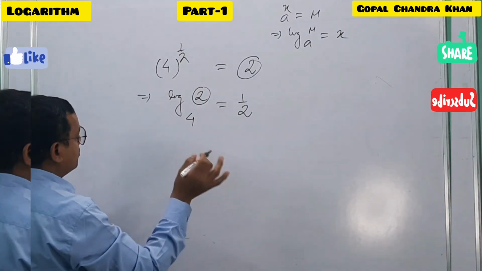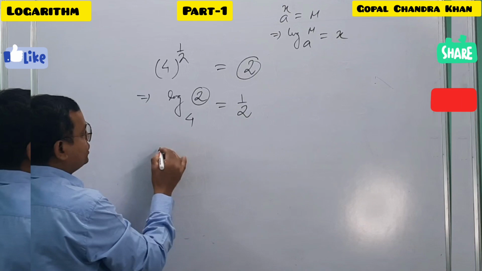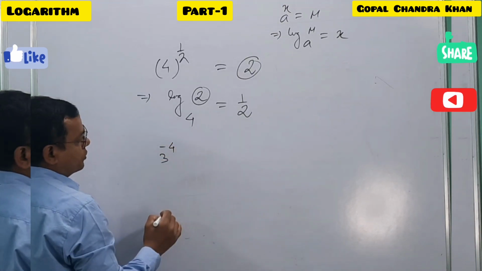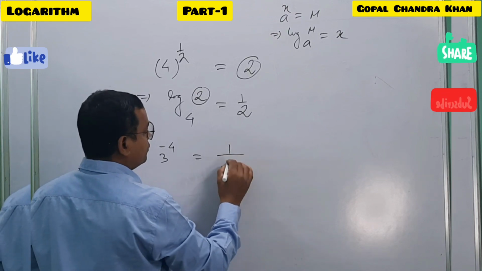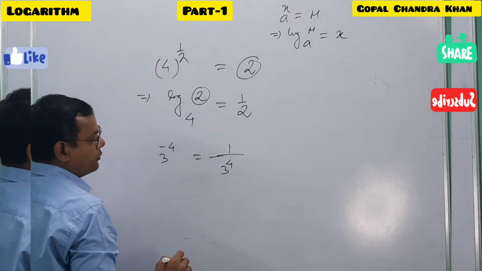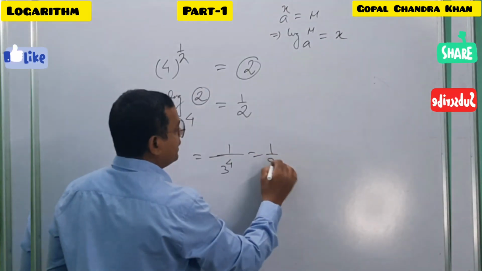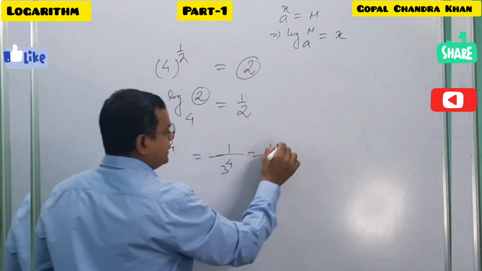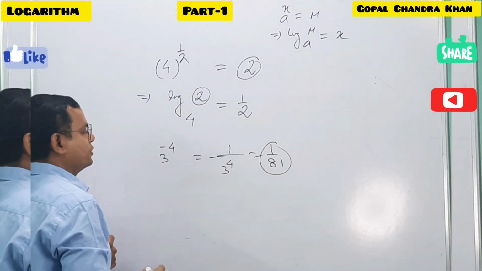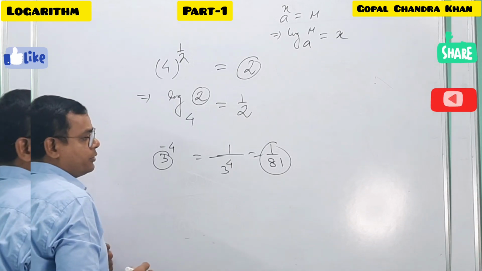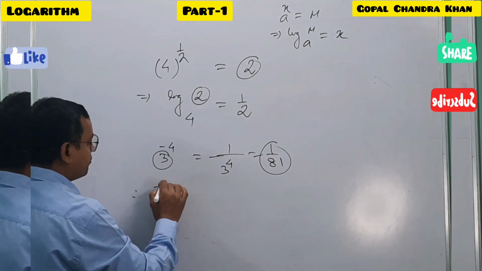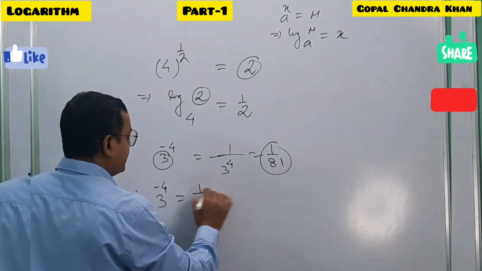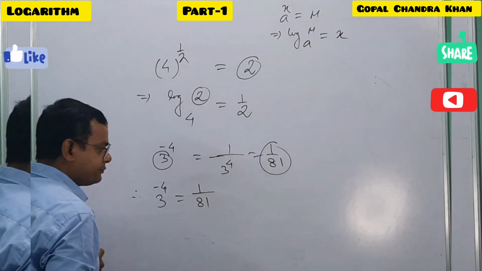Let me show one more example. Suppose 3 to the power minus 4, what do we know? From that calculation we know it equals 1 by 3 to the power 4, which means 1 by 81. Is this positive or not? Yes, this is positive. Is this value positive or not? Yes, this value is positive. That means 3 to the power minus 4 equals directly 1 by 81.